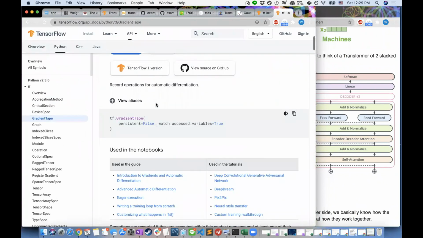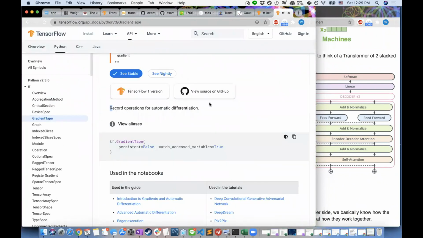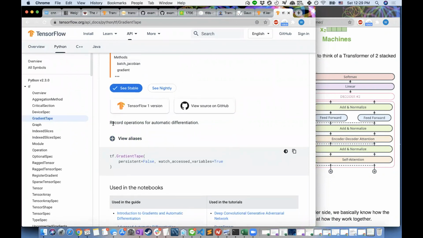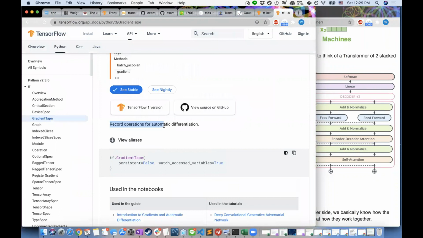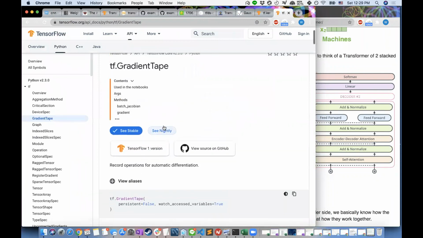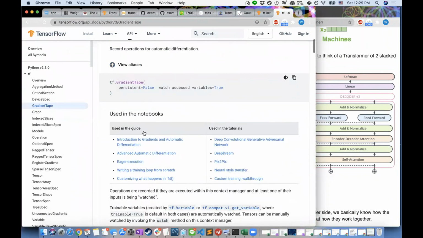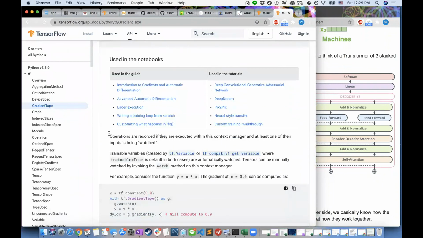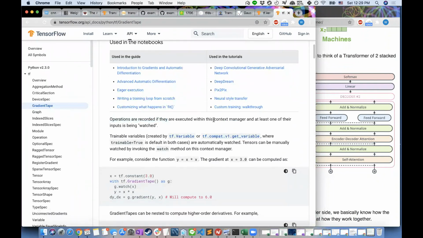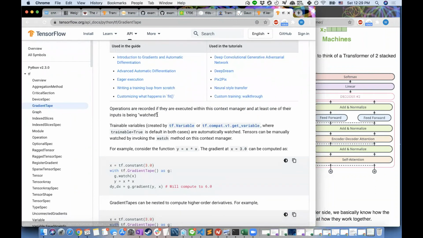Record operations. You're taping the gradients, so you're recording the operations for automatic differentiation. Operations are recorded if they're executed within this context manager and at least one of their inputs is being watched.